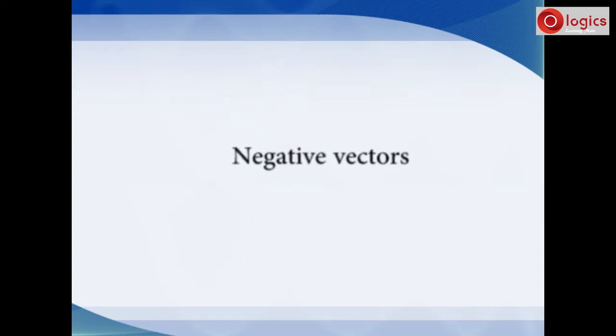Now let us see what is negative vector. This is a point P, and this is the point Q. This is a vehicle, let's say A. Now, vehicle is moved from P to Q towards south direction.